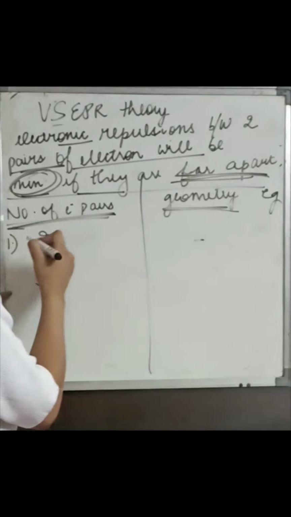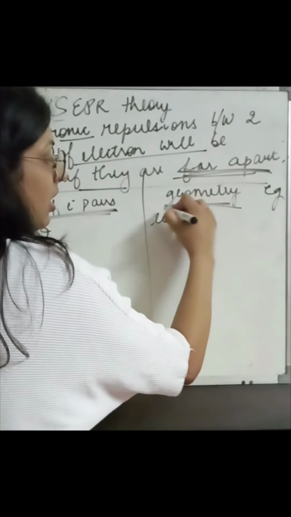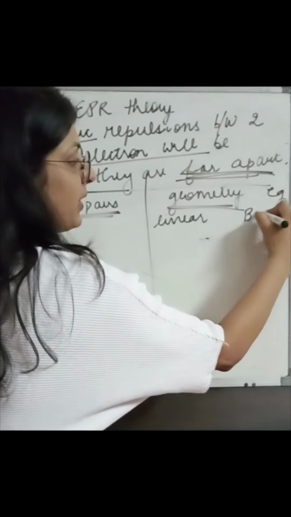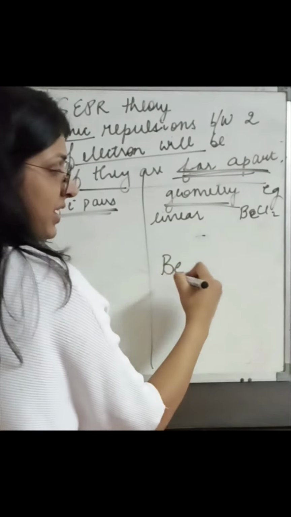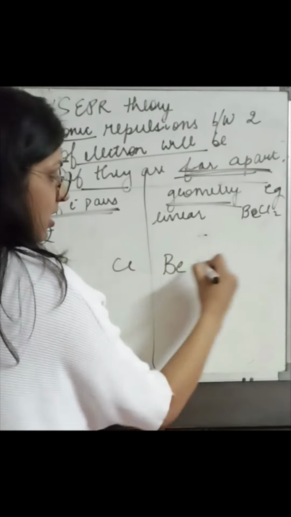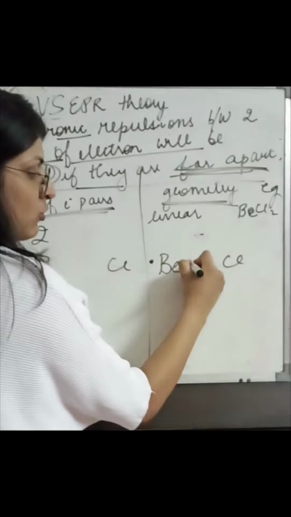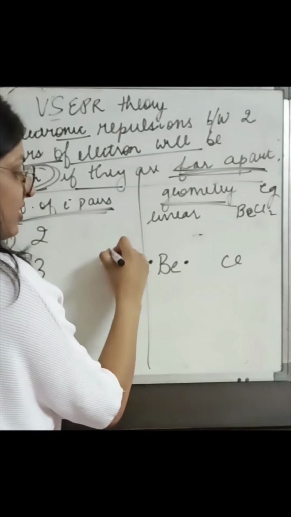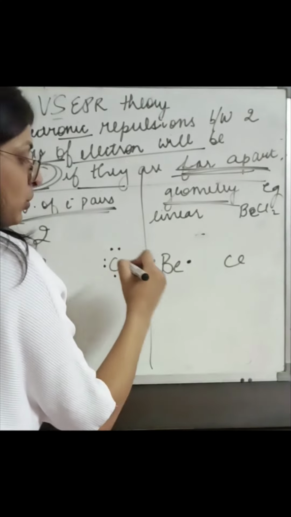First, if there are two electron pairs, the geometry will be linear. How will it be linear? For example, BeCl2. We have beryllium, Cl and Cl. We have 2 electrons in the outermost shell of beryllium and 7 electrons in chlorine.